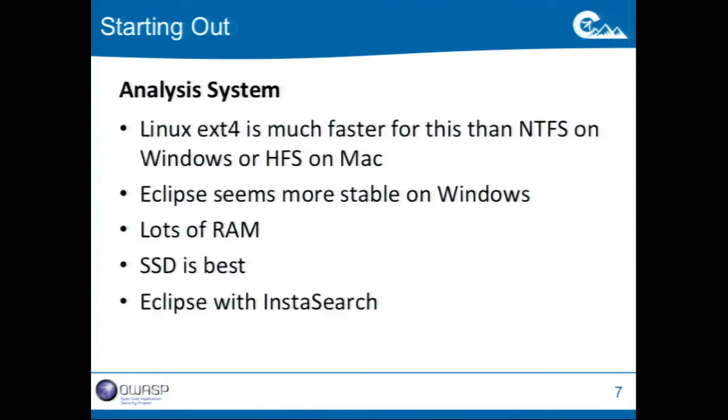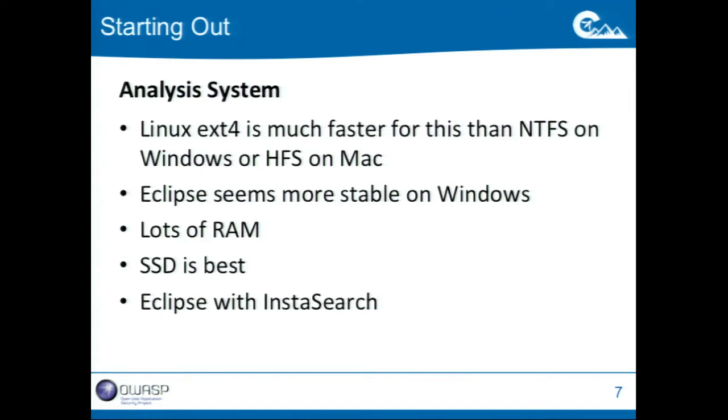When you start creating your virtualized environment for testing, regardless of whether it's an Oracle application or some other platform, if it's a large application, I have a few recommendations. One is that ext4 is a lot faster for this type of analysis than NTFS or HFS on the Mac. It's amazing what a difference it makes.